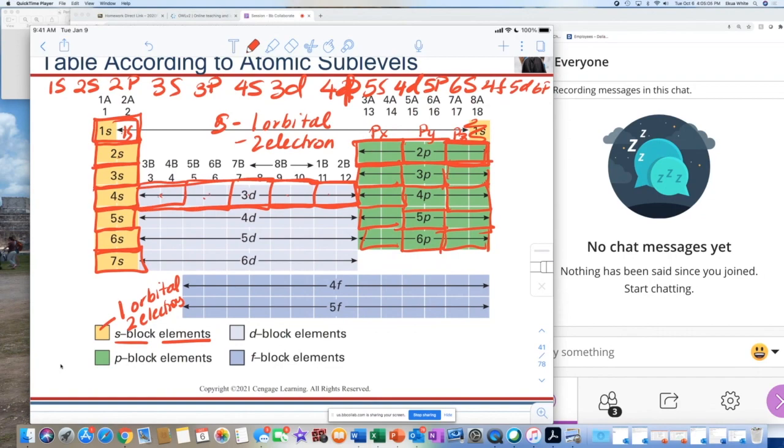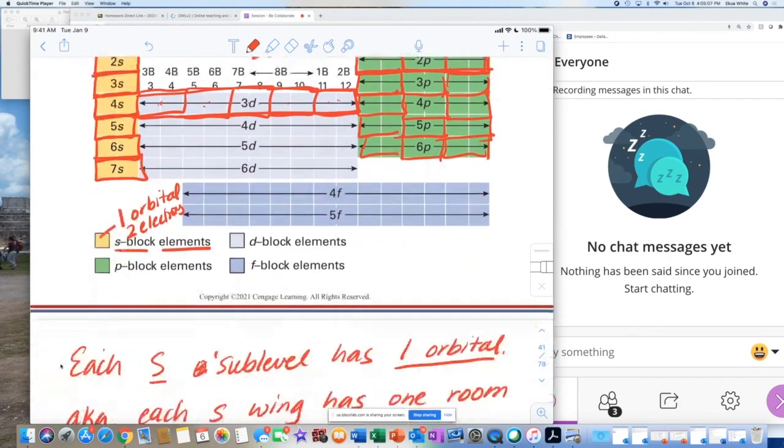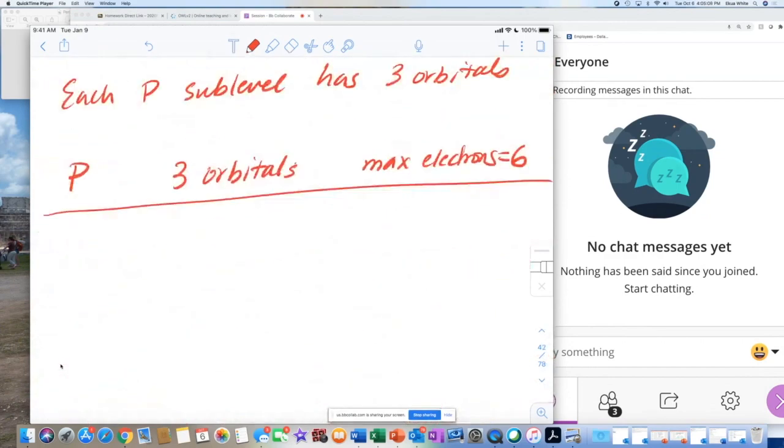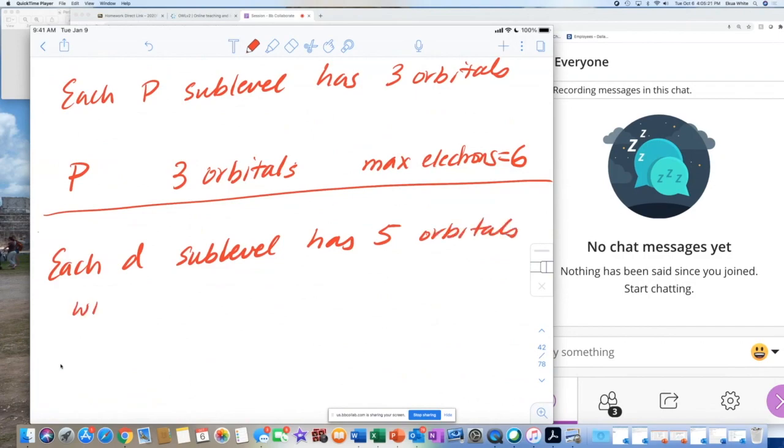And if you place electrons in here, you end up with 10 electrons. So with my list, each D sublevel has 5 orbitals with a max of 10 electrons.